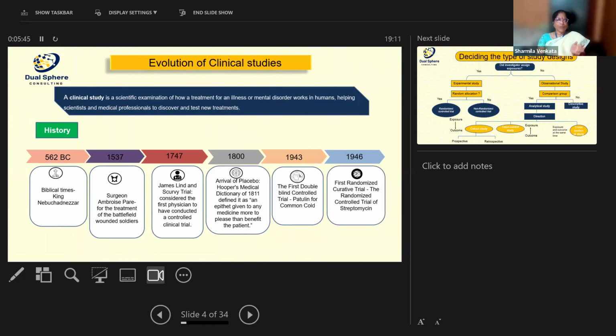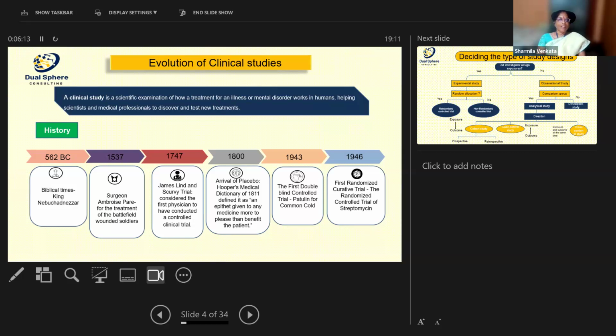This progression shows something important: as science advanced, we became more rigorous in testing treatments. But this is the key: RCTs, while powerful, are not always enough. They are done in ideal conditions. Observational studies, in contrast, show us what happens in the messy, imperfect real world.